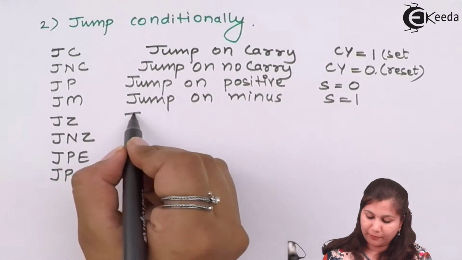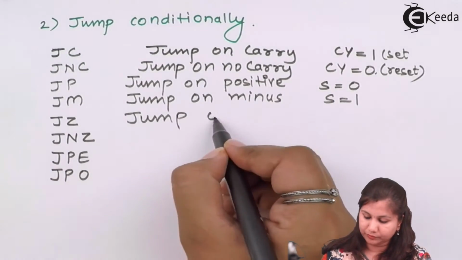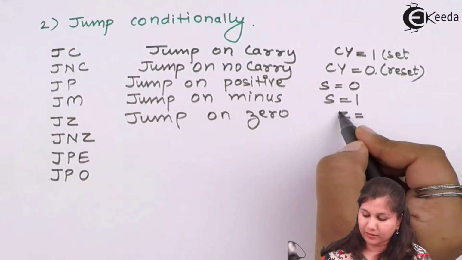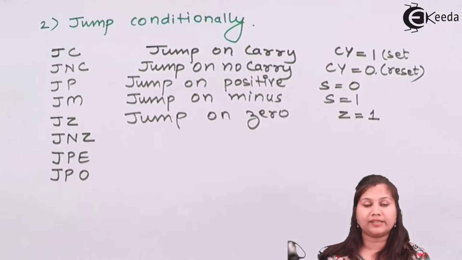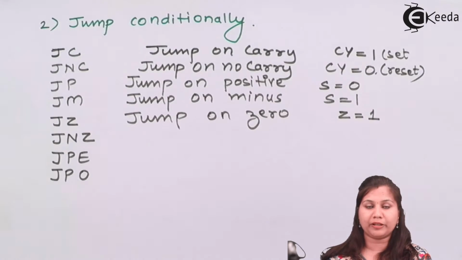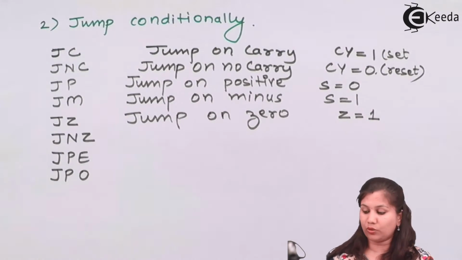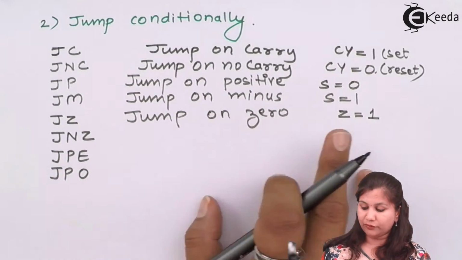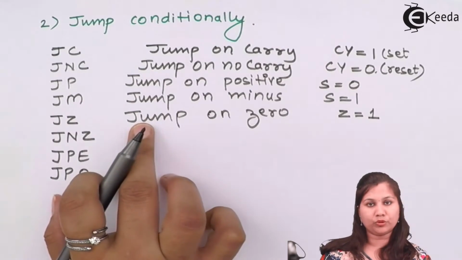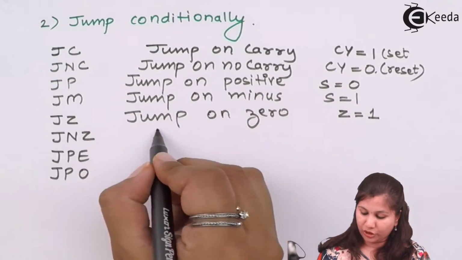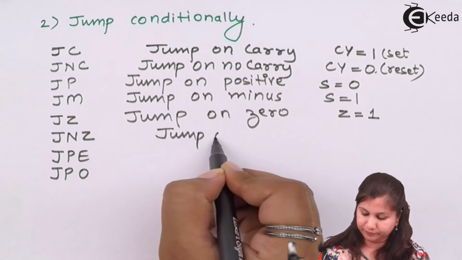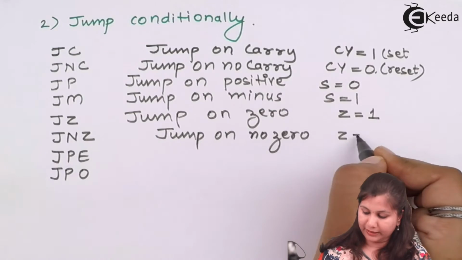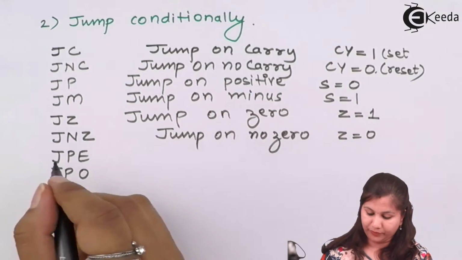Then we have jump on zero, JZ, which means when the zero flag is 1. If the result of any arithmetic or logical operation is obtained as 0, then the zero flag is set to 1. So if the value of the zero flag is 1, then it is going to jump to the other memory location. Then jump on no zero, JNZ, means the zero flag is reset, 0.